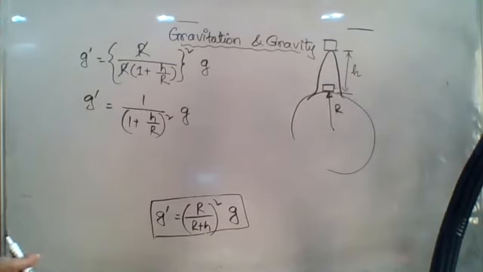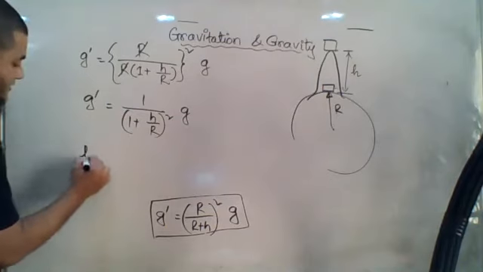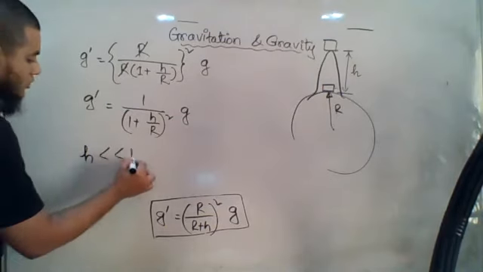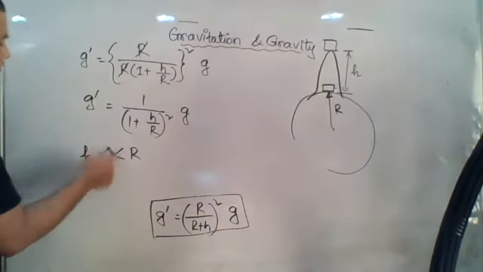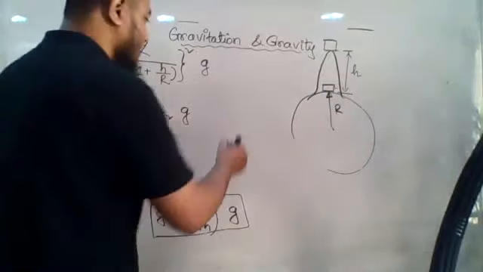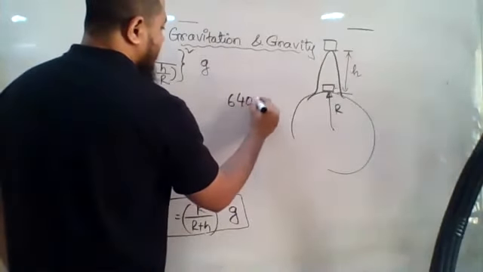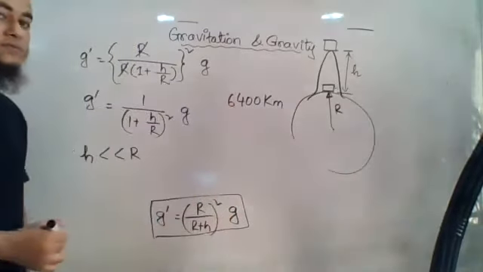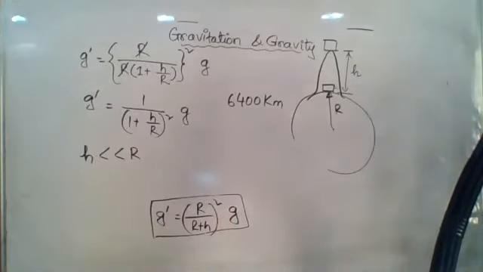Now we understand that this h, that is height from the ground, is much smaller, not only smaller, but much smaller than the radius of Earth, right? The radius of Earth is known to be 6,400 kilometer. That is a very large distance, right?